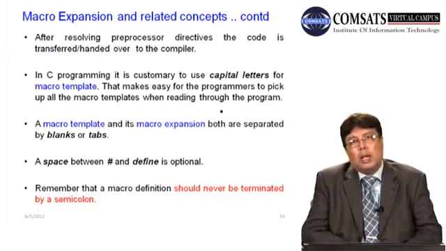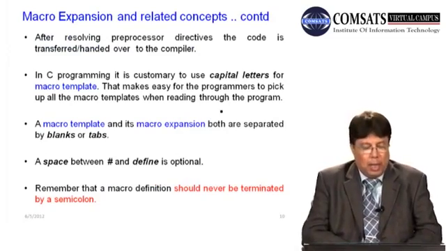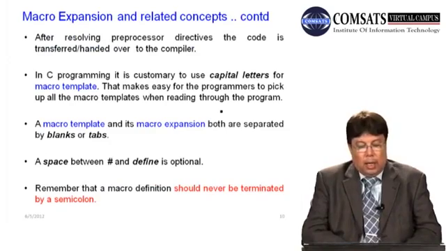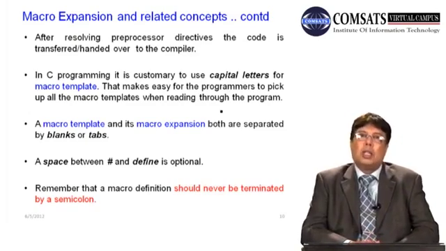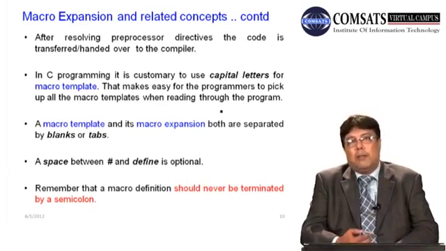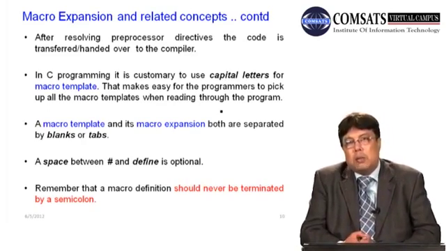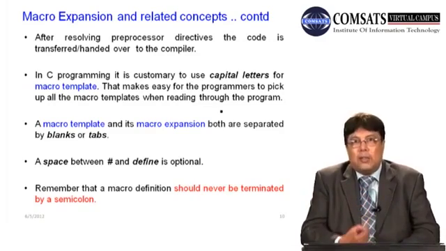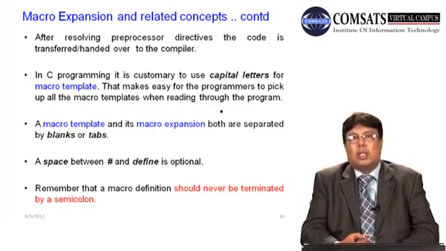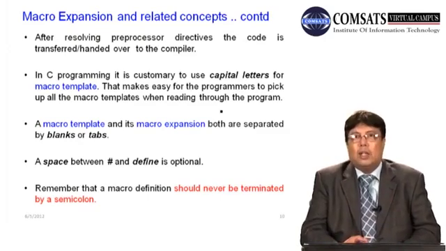An important point that you should always remember is that there should not be any semicolon. Where do we use a semicolon? We use the semicolon to terminate a statement. A valid C statement is terminated with a semicolon. This is not a C statement. These directives are not statements of the C language.